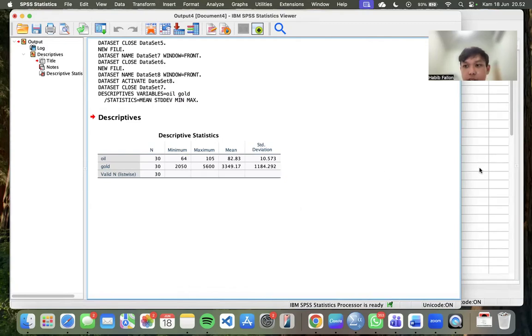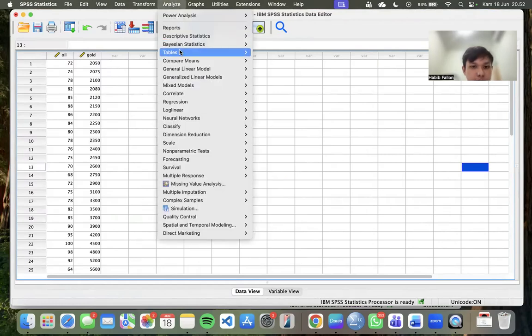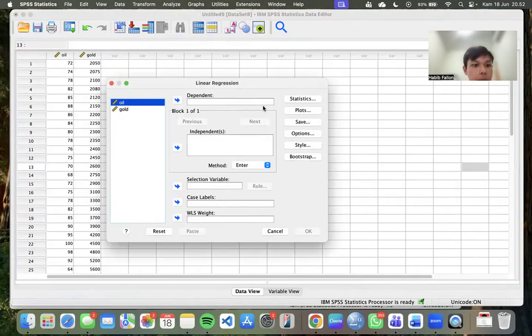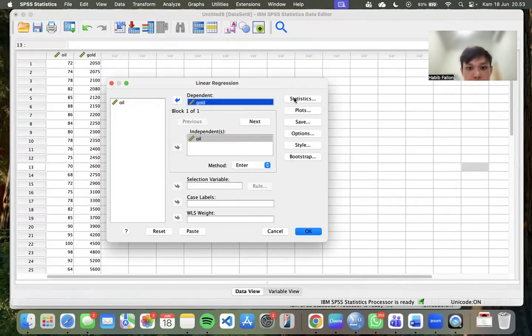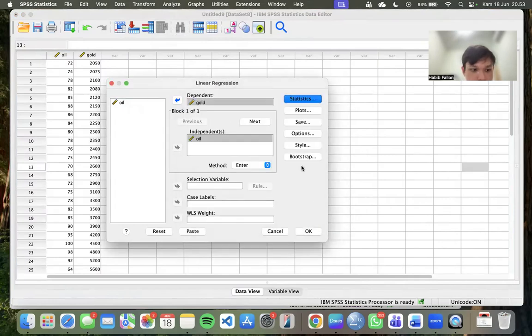Next, we go to Analyze, then Regression, and then Linear. Here we put oil into independent and gold into dependent. After that, we go to Statistics and make sure the estimates, model fit, and Durbin-Watson are checked like this, and then click Continue.